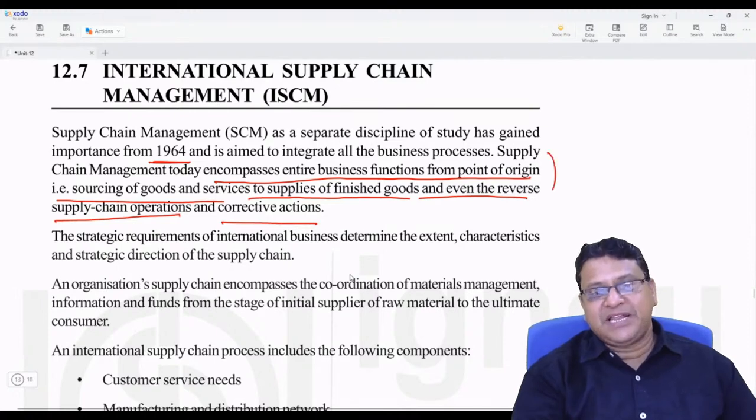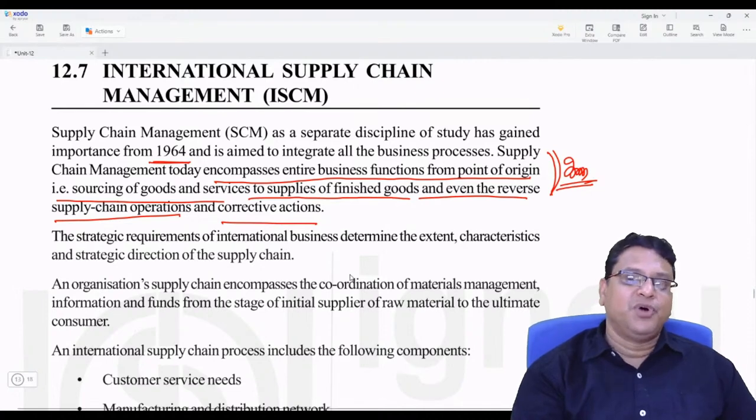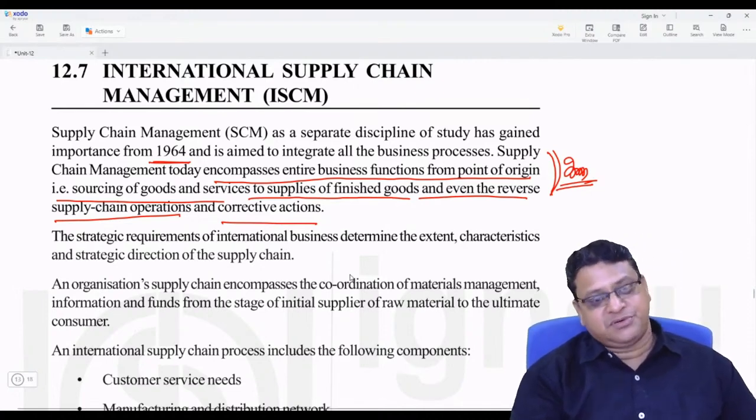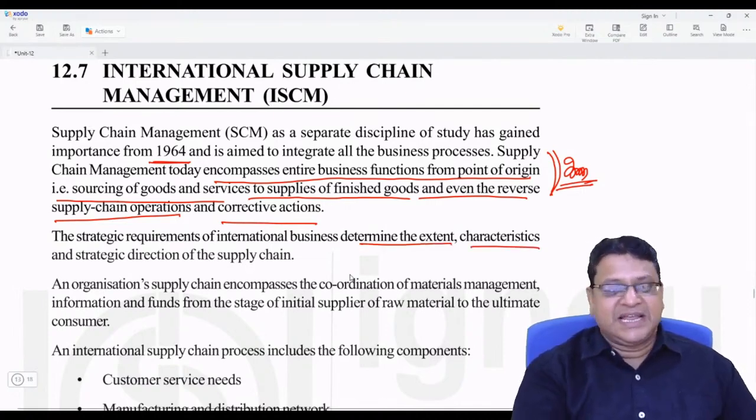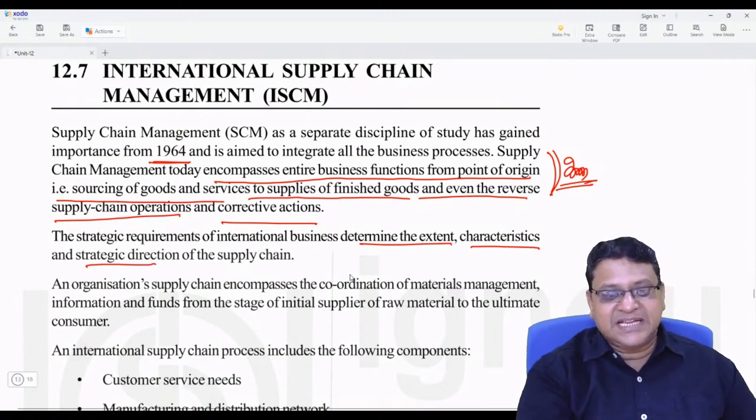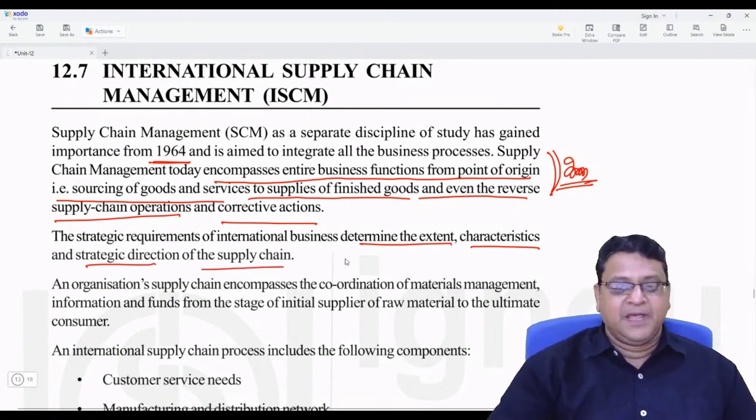So supply chain management involves all activities from point of origin to point of consumption. The strategic requirements of international business determine the extent, characteristics, and strategic direction of this supply chain.